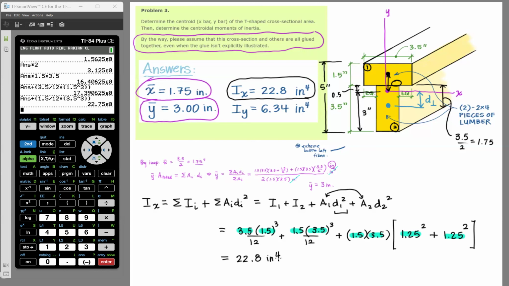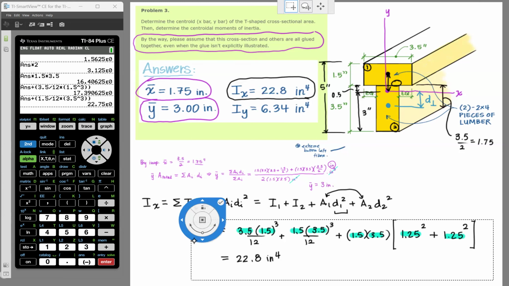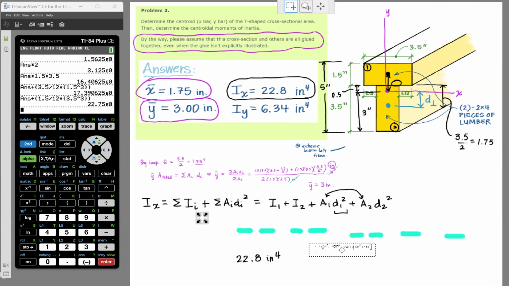I'm going to get some real estate. I'll just put this calculator over here in case I need it later.